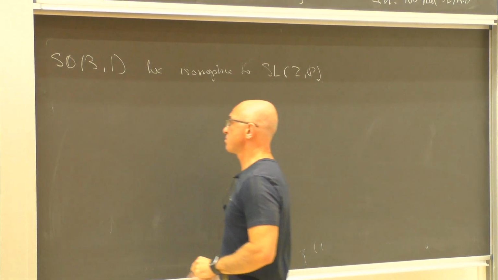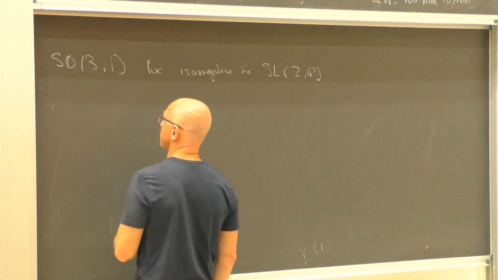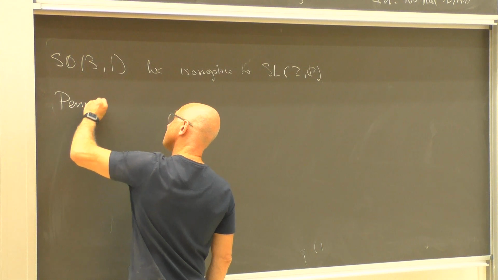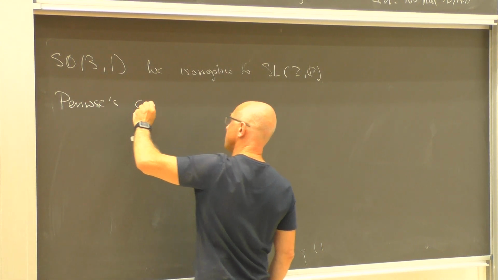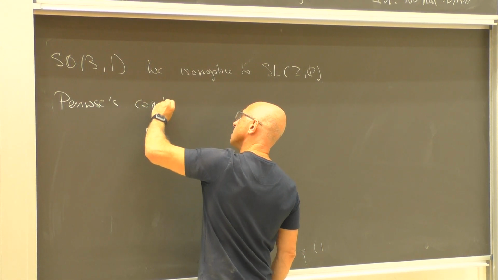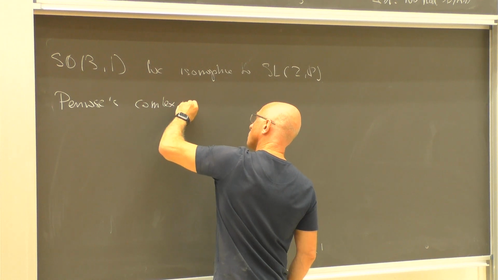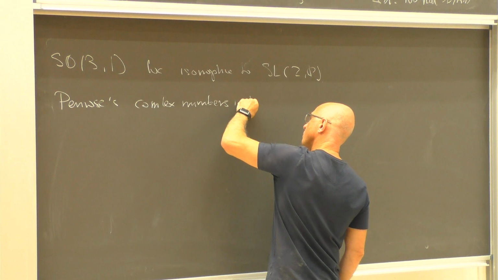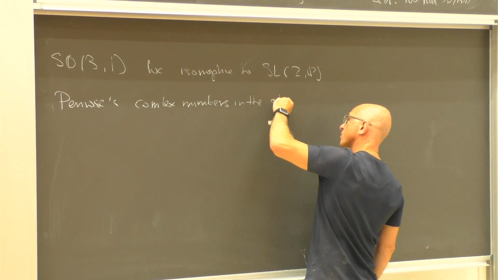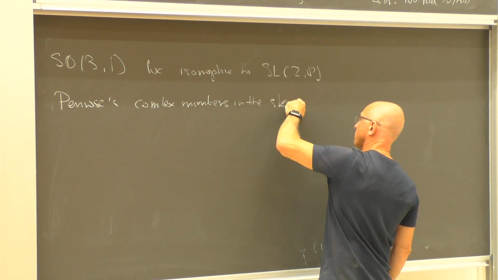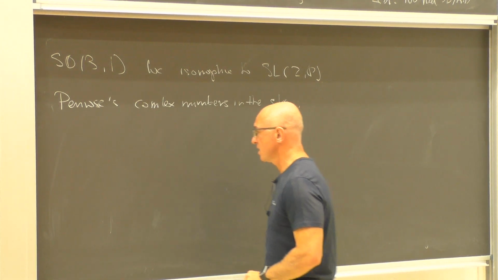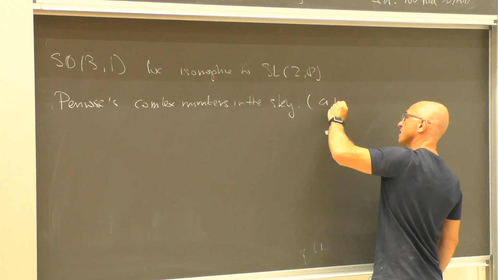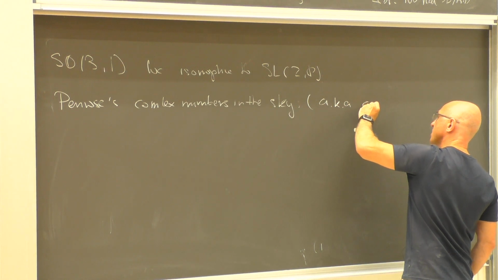Okay, and this might be the right place to mention Penrose's complex numbers in the sky. So what's that? Well, it also goes under the name of a celestial sphere.